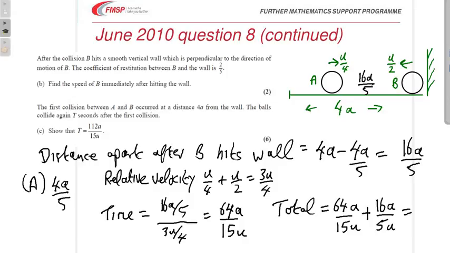So the total time is 112a over 15u, which is what we're trying to show.